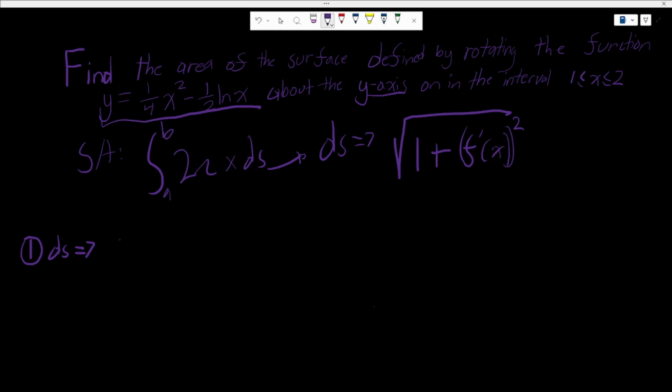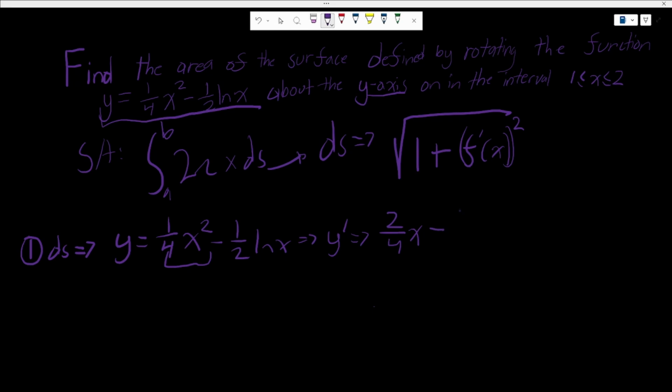So the derivative of our function, let's spread it out again right here, is going to be the derivative of 1/4 x² − 1/2 ln x. To find the derivative, let's just take the power rule for our first value of 1/4 x². We'll have 2/4 times x, and we don't have to write the 1, it's implied.